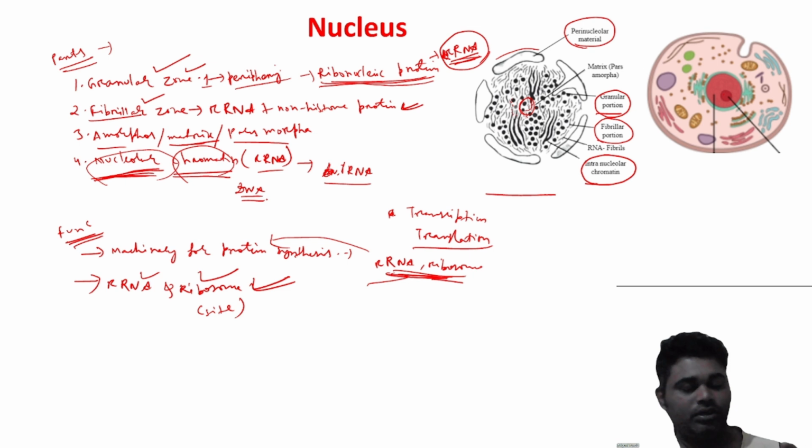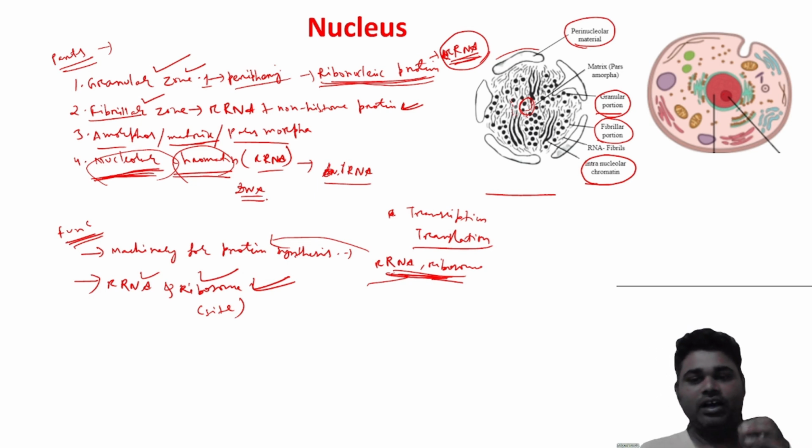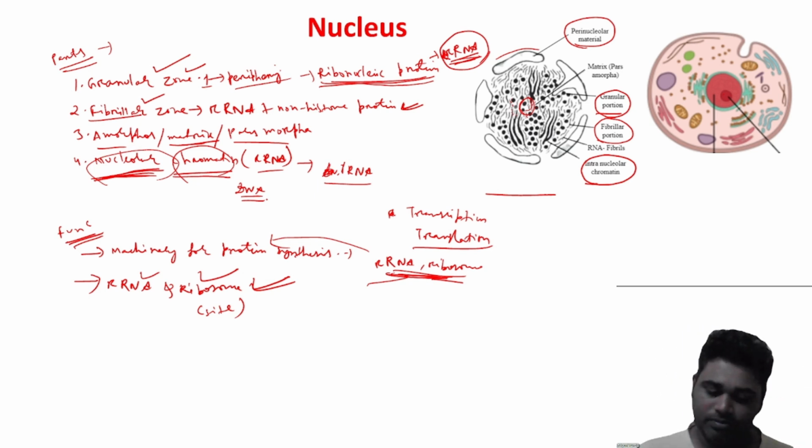If the options are nucleus, nucleolus, both, the answer will be nucleolus, because exactly inside the nucleolus the rRNA and the ribosomes are formed. So it is the site of rRNA and ribosome synthesis. The third one is that it also stores the ribosomal protein.